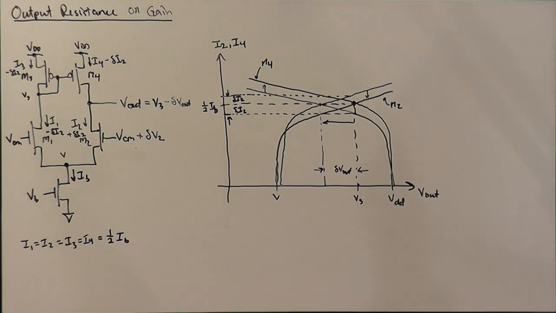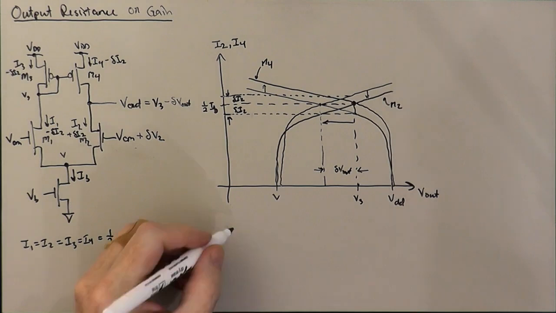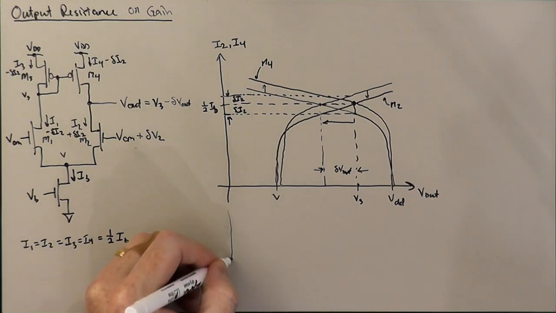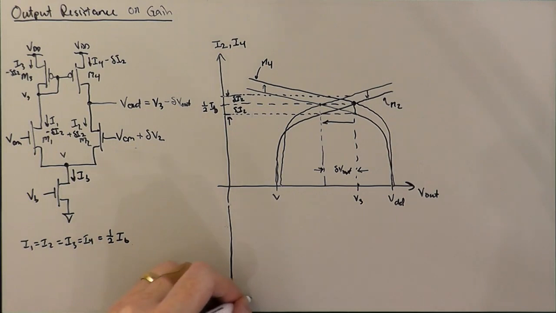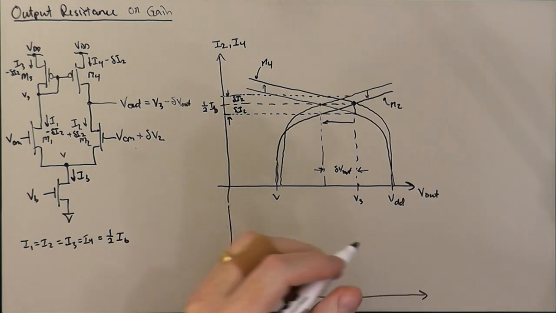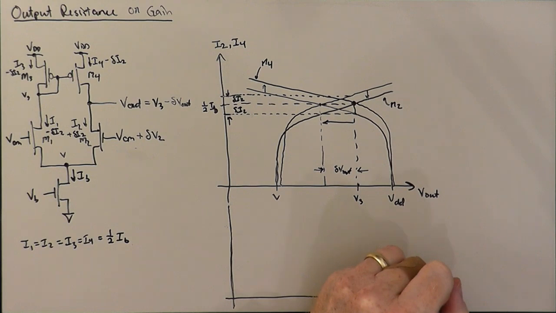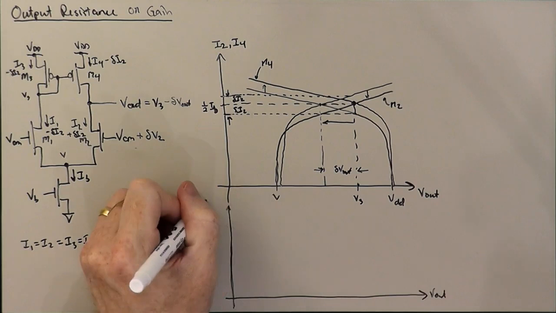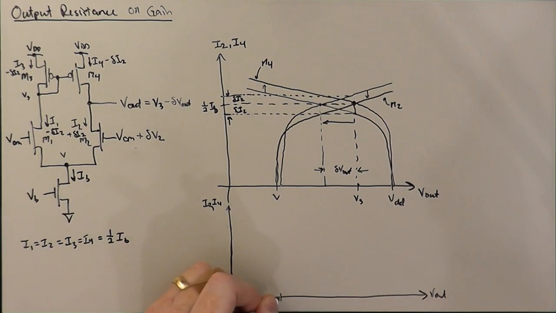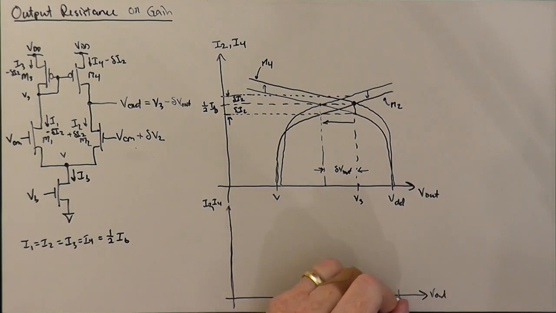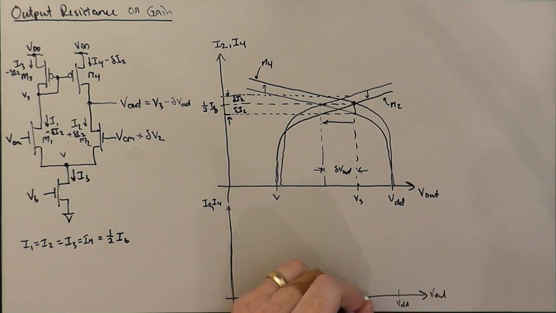Let's suppose we make them somewhat shallower. I'm not sure here what the best way to do this is going to be, but maybe we can do that down here. So here's V out, here's I2 and I4, here's V, here's VDD, here's our V3.